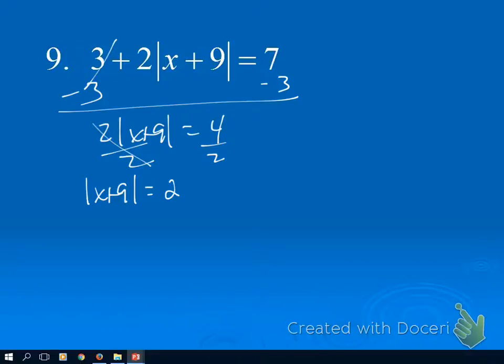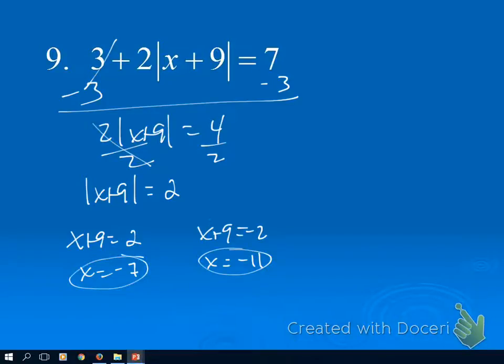Now we know that we want to be a distance of 2 from 0 on the number line, so I'm going to travel right and then travel left. Subtract 9, subtract 9, and negative 7, negative 11 are your two solutions. Okay?